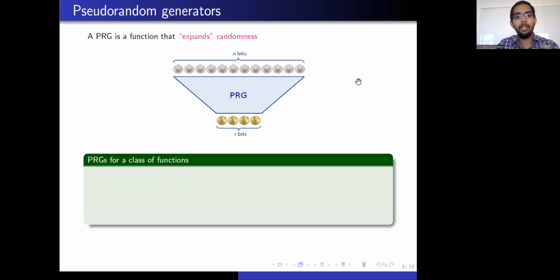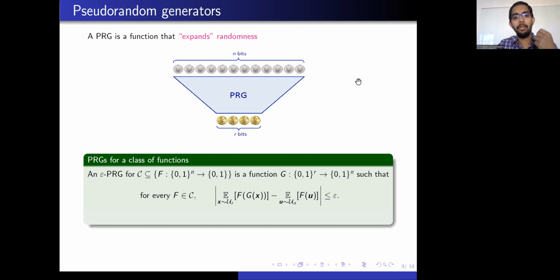So we can define a PRG for a class of functions. We say script C is a subset of all Boolean functions, and we say G fools this subset of Boolean functions if it satisfies the following. For every function f in the function class, f cannot distinguish whether it was given a uniformly random input or a pseudorandom input.